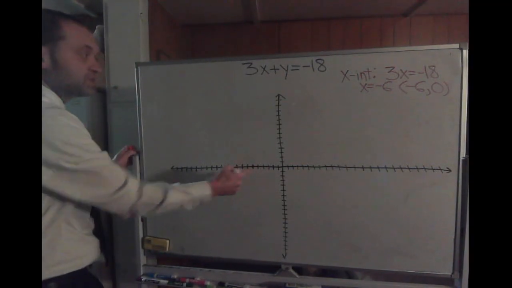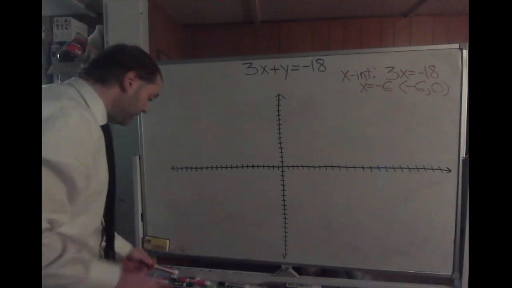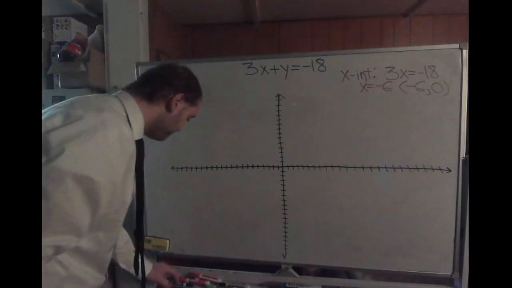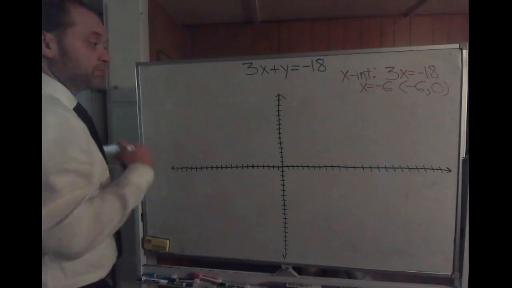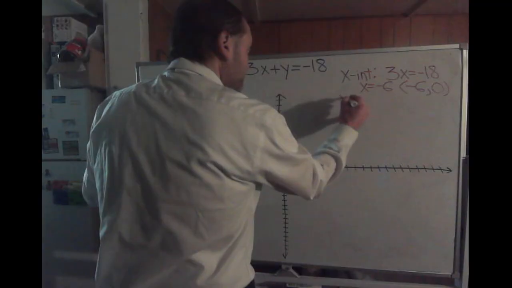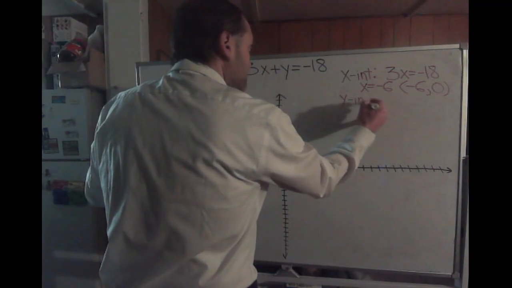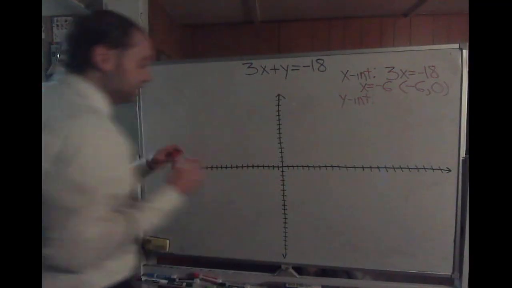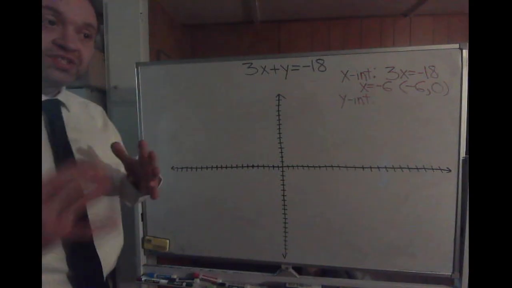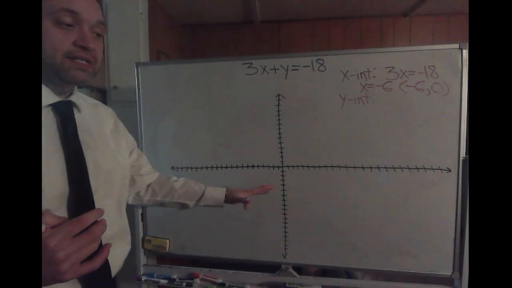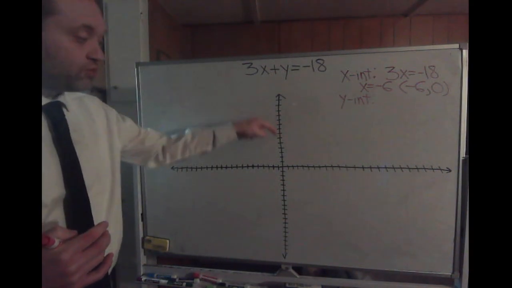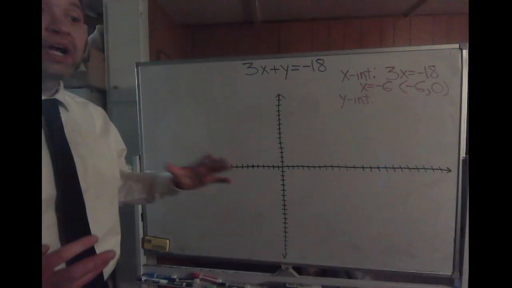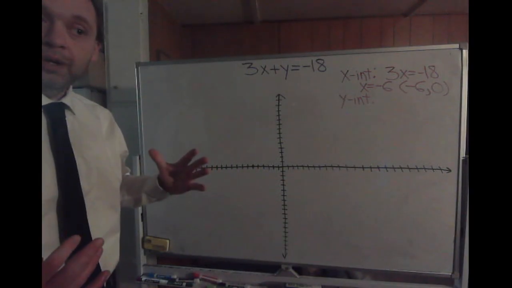There's the x-intercept. Now to find the y-intercept, it's very similar. If we think of the y-intercept of a line, that's when the graph crosses the y-axis. If something is truly crossing the y-axis, your x-coordinate is always 0.